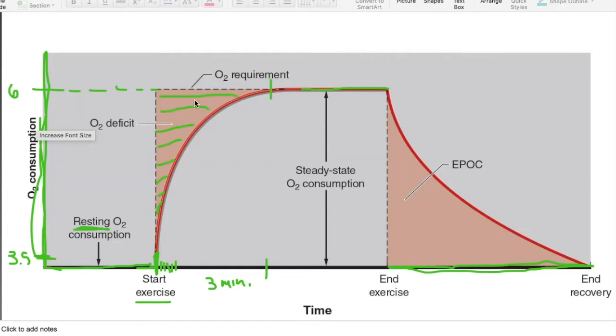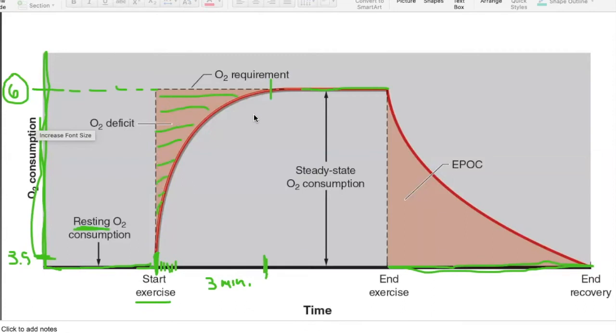So this here is known as the oxygen deficit. I'm performing a particular activity that requires this amount of oxygen, but until my breathing rate increases, I'm not going to be able to get the amount of oxygen needed.